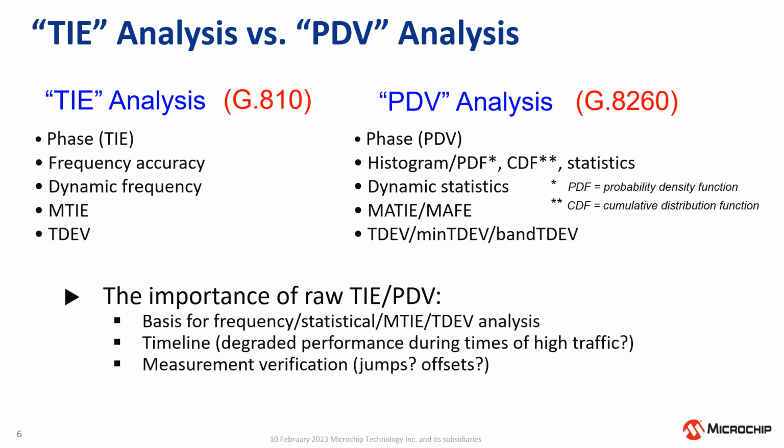Whereas in TIE analysis, we're often looking at frequency, MTIE and TDEV. We're focused on statistics quite often for packet analysis, both dynamic and static. The raw phase is important in both cases. It allows us to establish a timeline and see perhaps whether, for example, performance is degraded during times of high traffic.